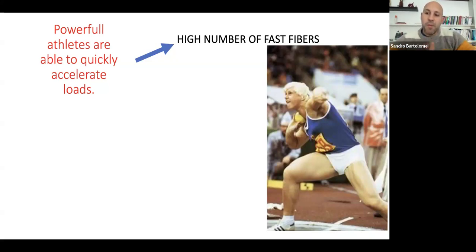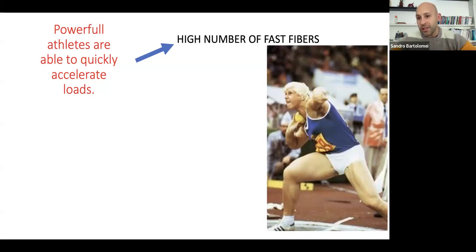But if in my muscle there are a high number of fast fibers, I may be quick, but also strong, because fast fibers are able to produce much more elevated tension compared to slow fibers.